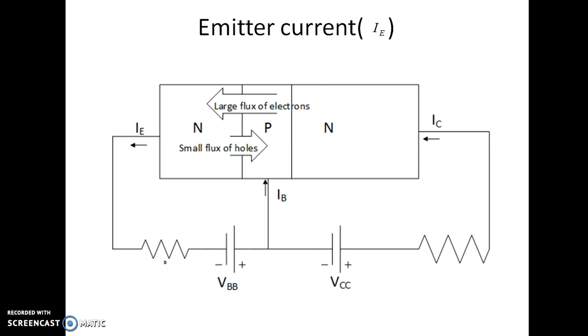So emitter current is mainly due to the flow of electrons from the emitter terminal to the base terminal. Emitter current IE is equal to the current due to electrons plus the current due to holes. So emitter current IE is mainly due to the flow of electrons.